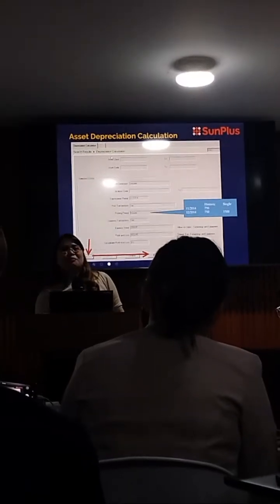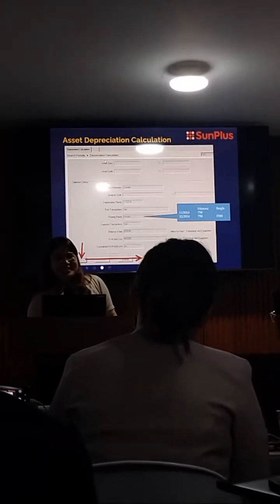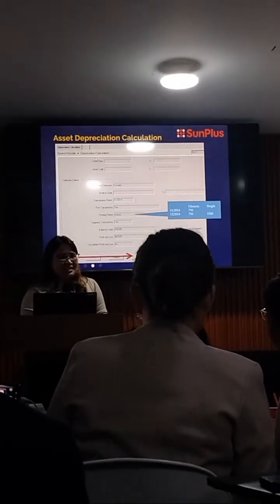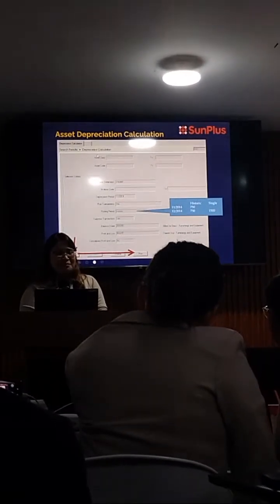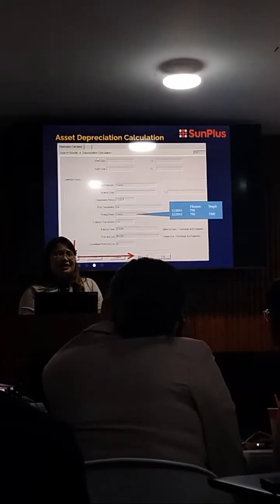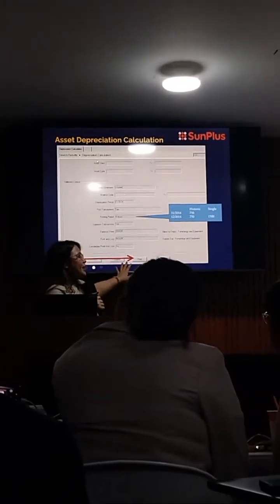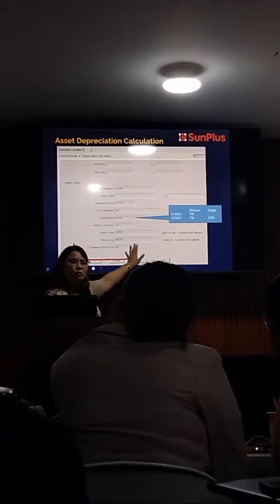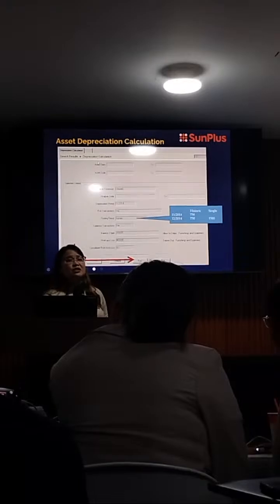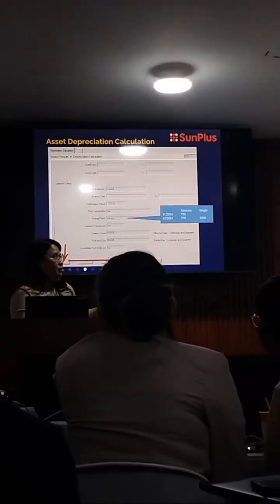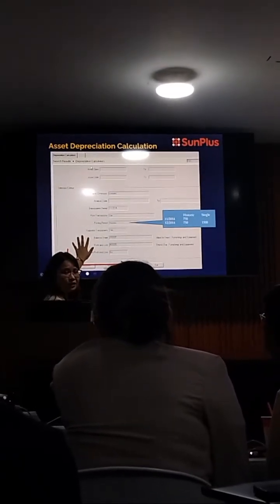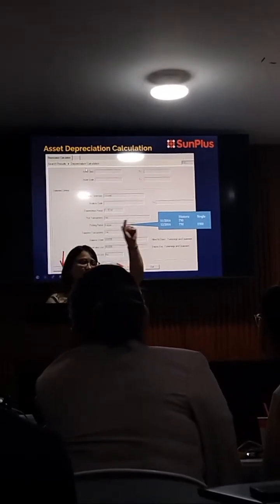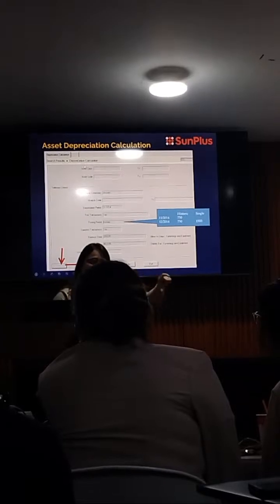Somebody asked, do we have a manual for Sunplus, ma'am? Actually, you already have a manual in the system. Just press F1. That is your help. If you are on a section in Sunplus and press F1, it should tell you what each item is for.